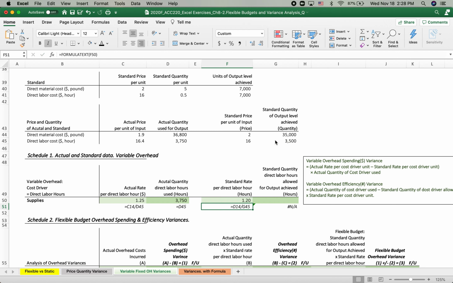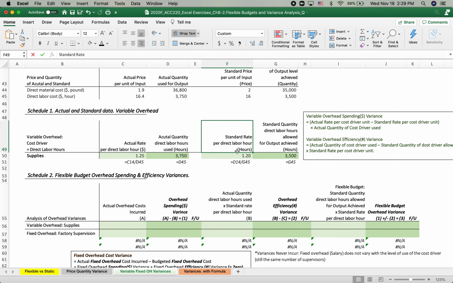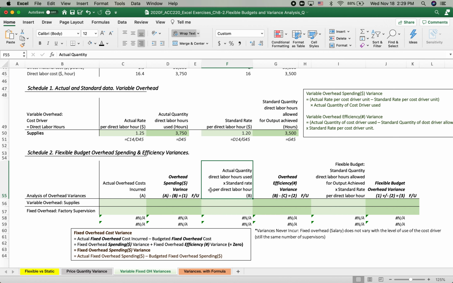So we get the standard rate per direct labor hour of $1.2 per hour, and the standard quantity of direct labor hours allowed for output achieved is exactly the same, 3,500 hours. Oh, sorry, it should be a dollar.